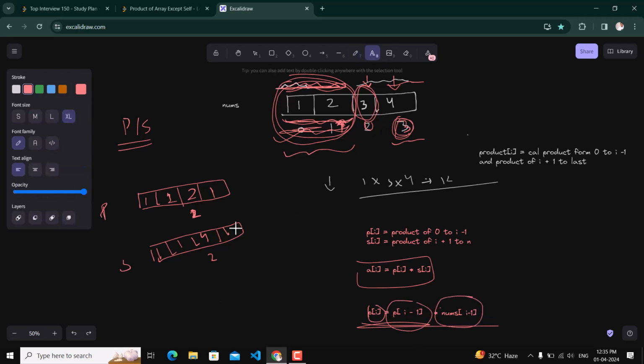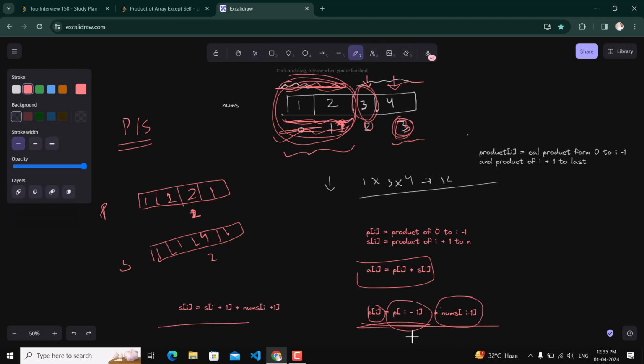In the same way for suffix, suffix of I would be suffix of I plus 1 multiplied by nums of I plus 1. So we have understood how to calculate suffix and prefix. Now we get our suffix and prefix for a particular index, and to get our final answer, we will multiply prefix I into suffix I.